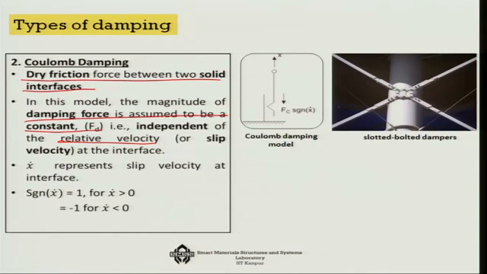However, there is a signum function that governs. Okay. So, the signum function is positive for positive velocity and negative for negative velocity. That is how the damping force will change its direction, change its sign. So, that is for the Coulomb damping. So, these are the two very important dampings, viscous damping and Coulomb damping.